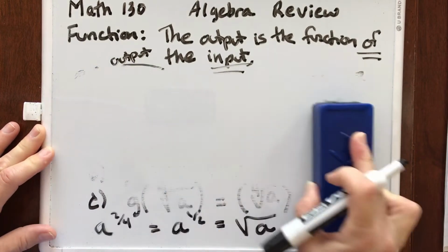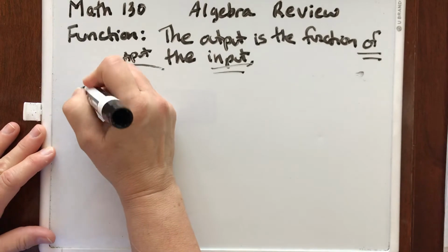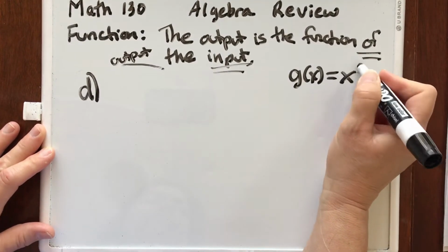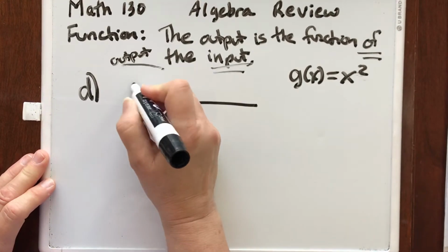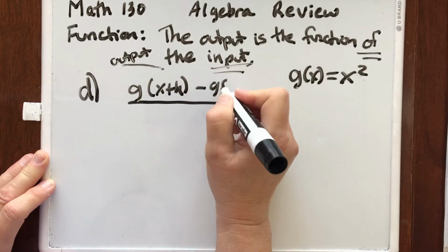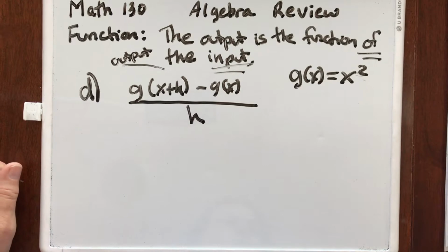I'm going to do letter D. We're still working with g of x equals x squared. Okay, and letter D is g of x plus h minus g of x all over h. Okay, so how do we start with this?